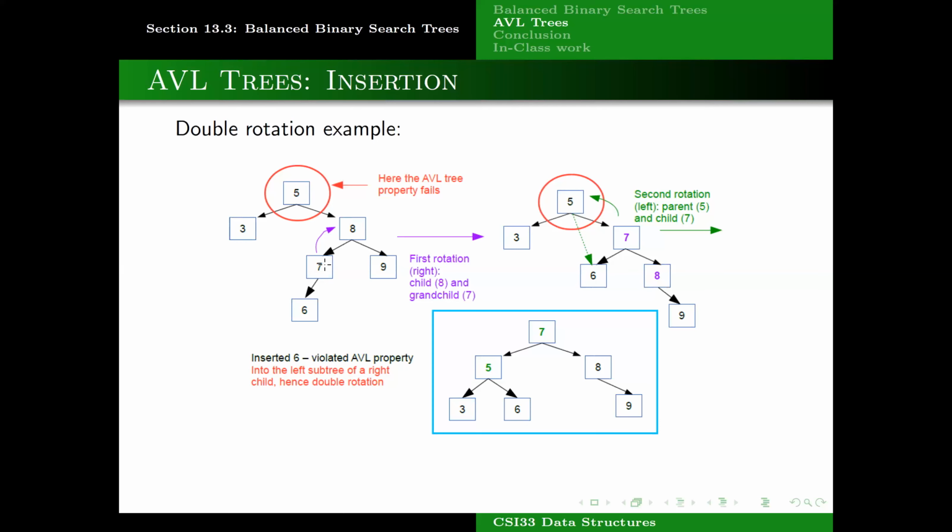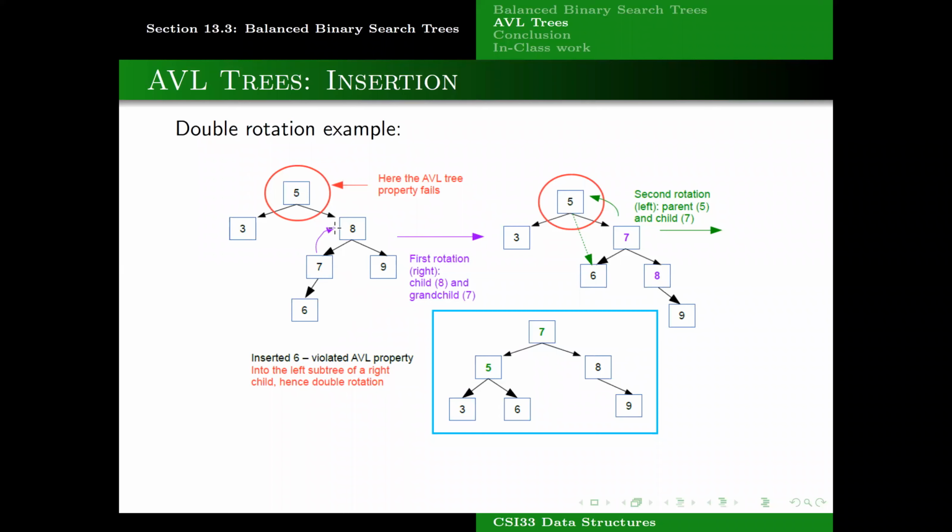So here we go. First, we will do the right rotation over here. So the 7 will come into the place of 8. The 8 will become the child of the 7, and since the 7 didn't have any children over here, right? We won't have to change the parent, right? So it will be just changing the 7 to be the root, right?